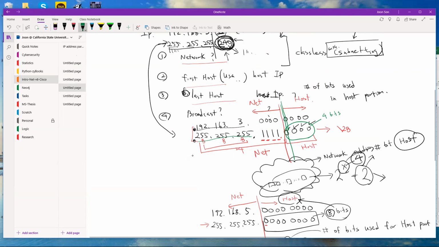In this case, the formula 2 to the X minus 2 is the same, but X is 4. Okay, so any question?